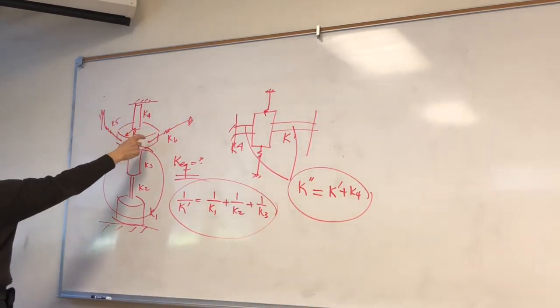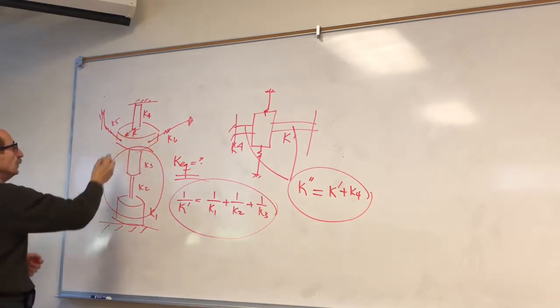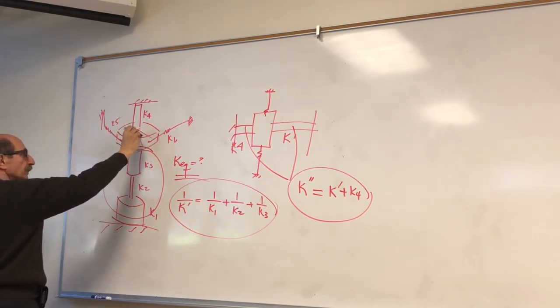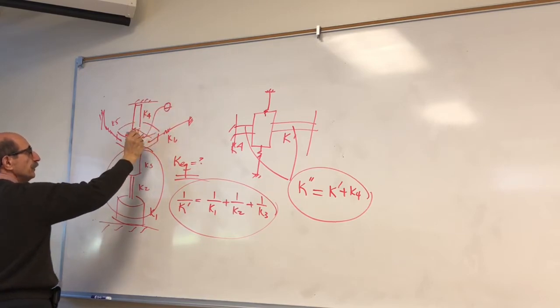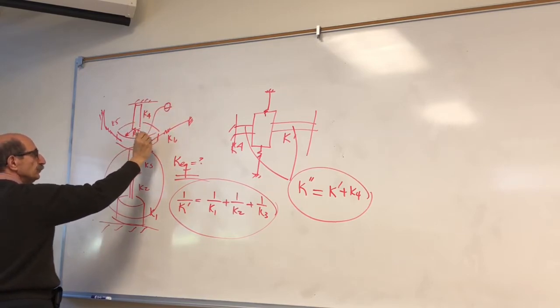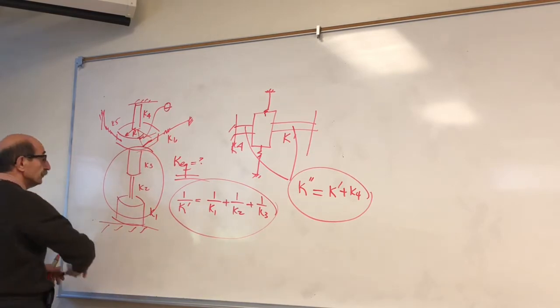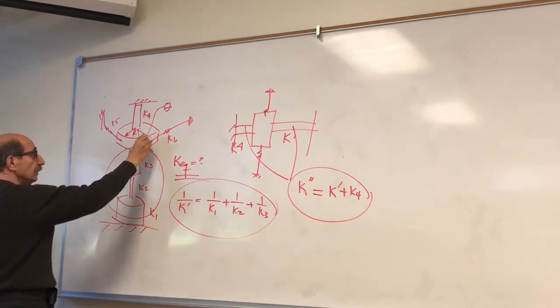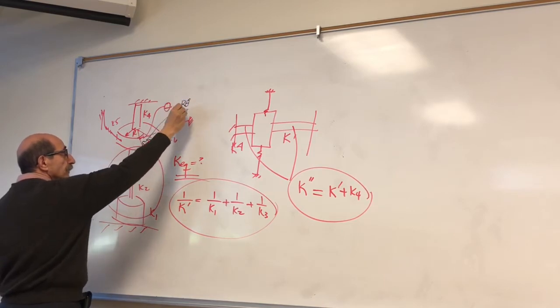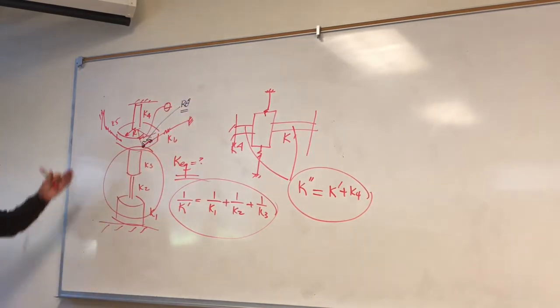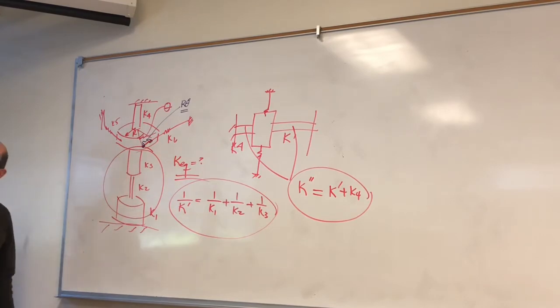As this turns, this would go through a turn of, say, theta. So the displacement that these two experience would be r theta, right? Both experience the same deformation, right?